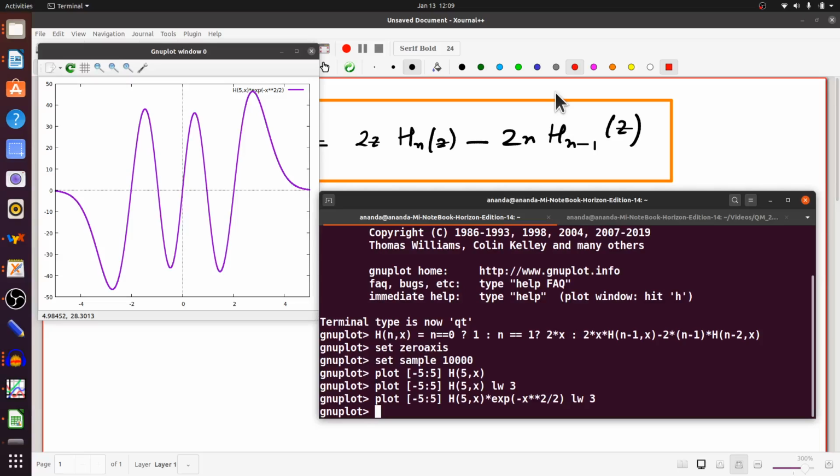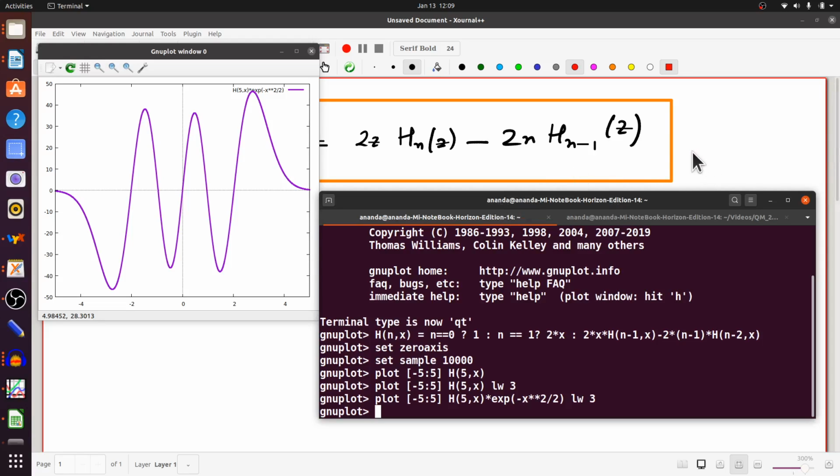Since we are going to plot the wave function several times, it may be a good idea at this point to define a function which will directly give me the wave function. And it's good to have the normalization in place so that we can compare different wave functions in the same scale together.